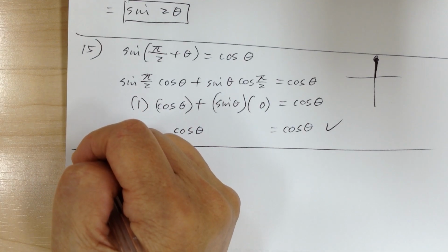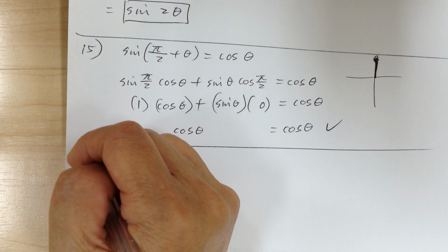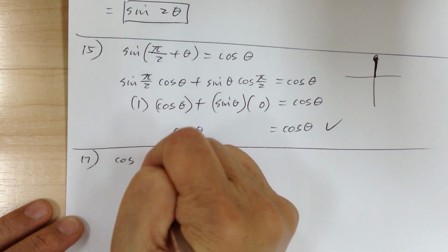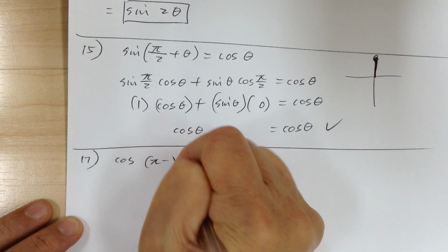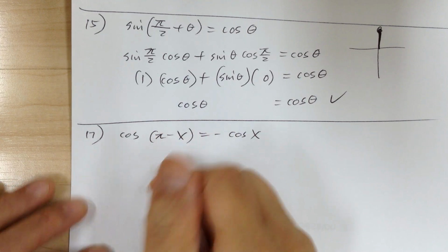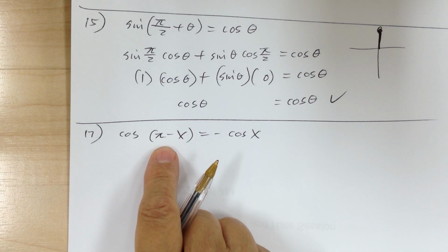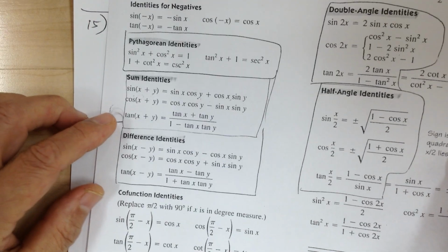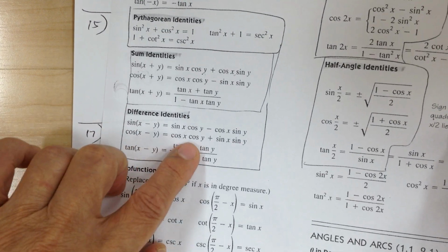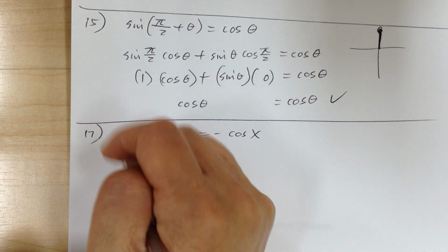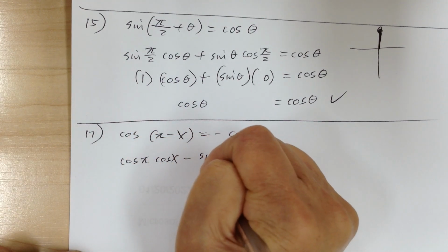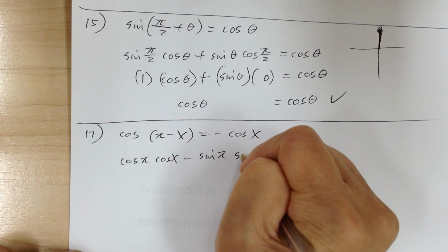Okay, 17. Cosine of pi minus x equal to negative cosine x. So again, we're going to expand. This is the cosine of the difference of the angles, so it's this one here. You have to go cosine, cosine plus sine, sine. So this is equal to cosine, cosine plus sine, sine.